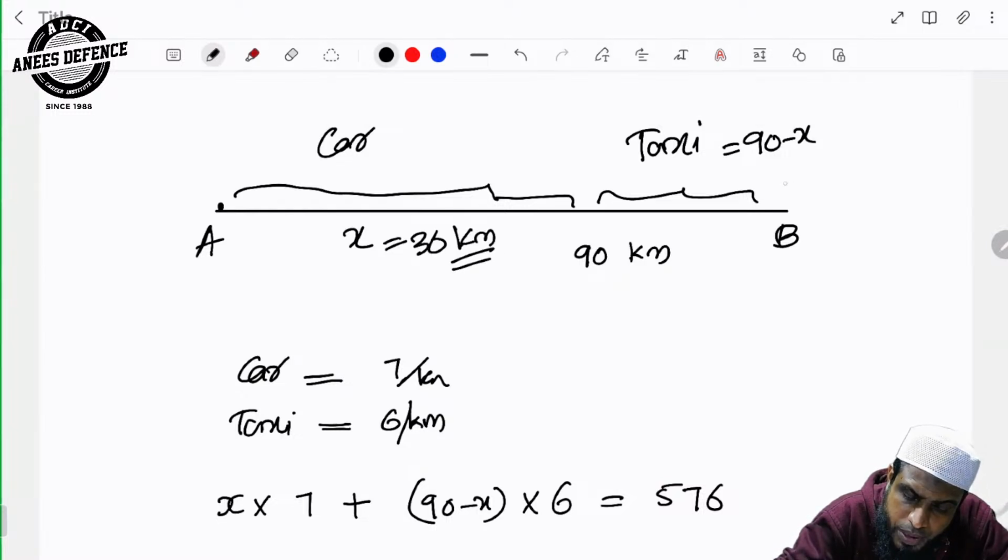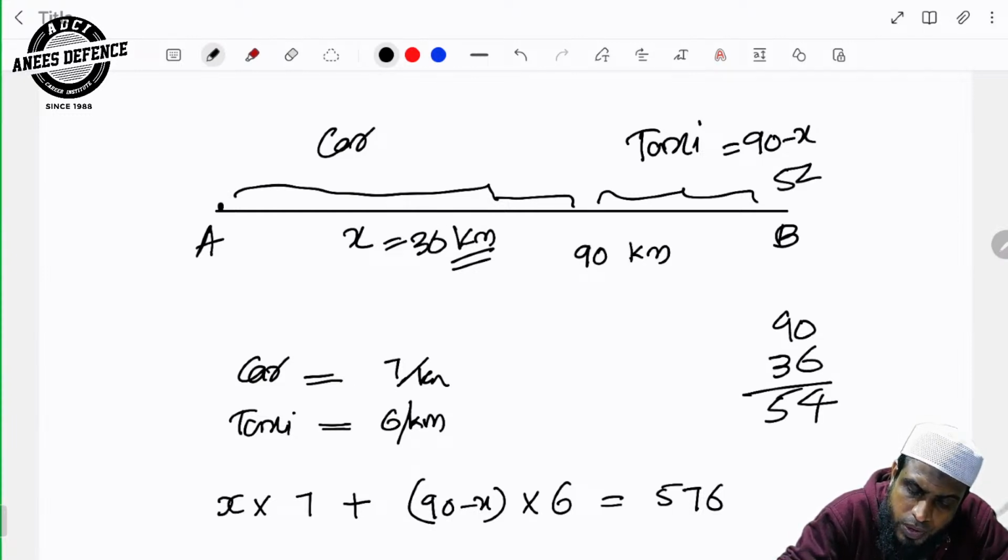Here 90 minus x, that is 54 kilometers. So the taxi covered a distance of 54 kilometers and the car covered a distance of 36 kilometers.